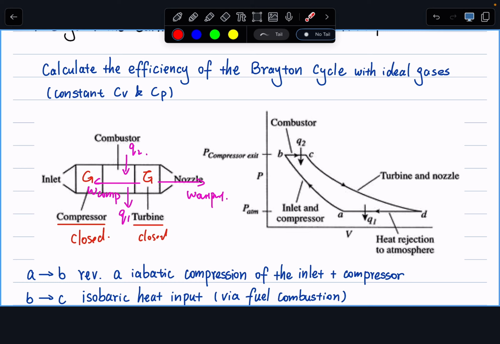We know the delta H of my ideal gas equals Cp dT. And the question gives us Cp is a constant, so my delta H from my process between B to C is effectively the same as Cp times Tc minus Tb. All right, so this is a link we're trying to emphasize. It's like how to use the things we know and use thermodynamics to solve for properties we want.